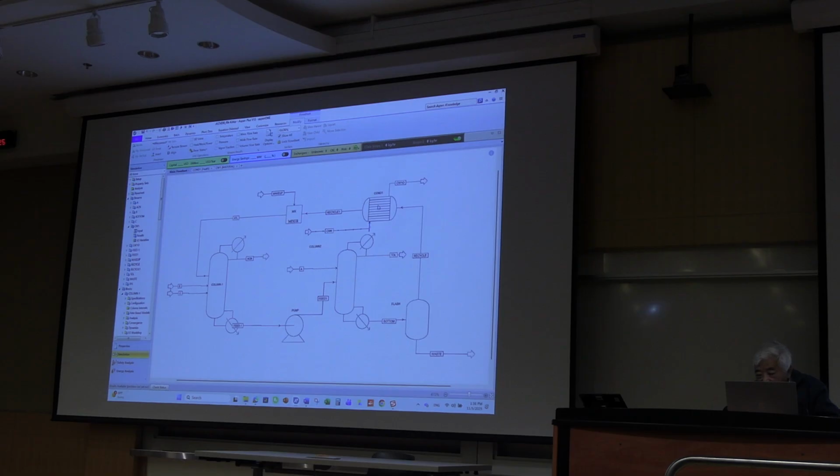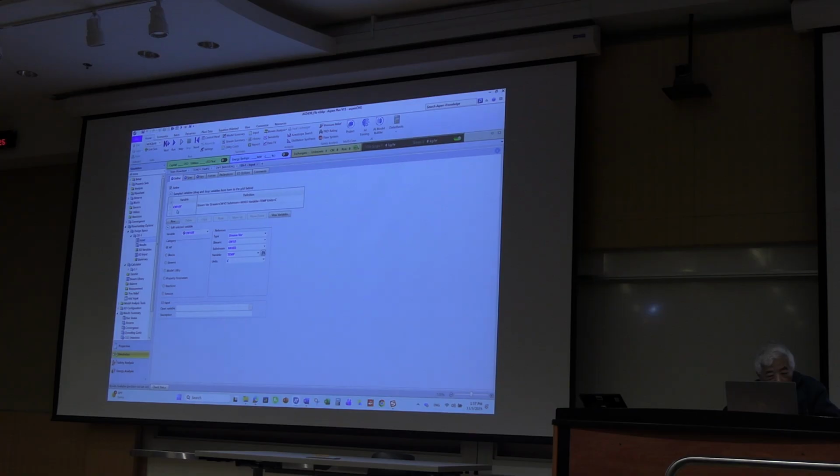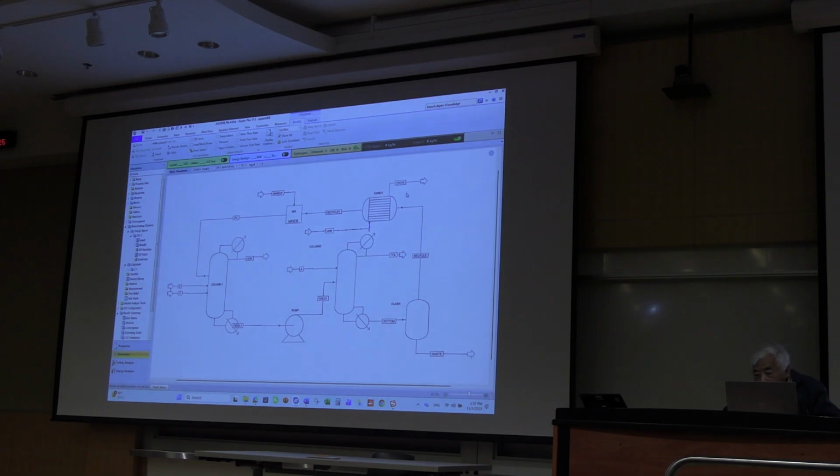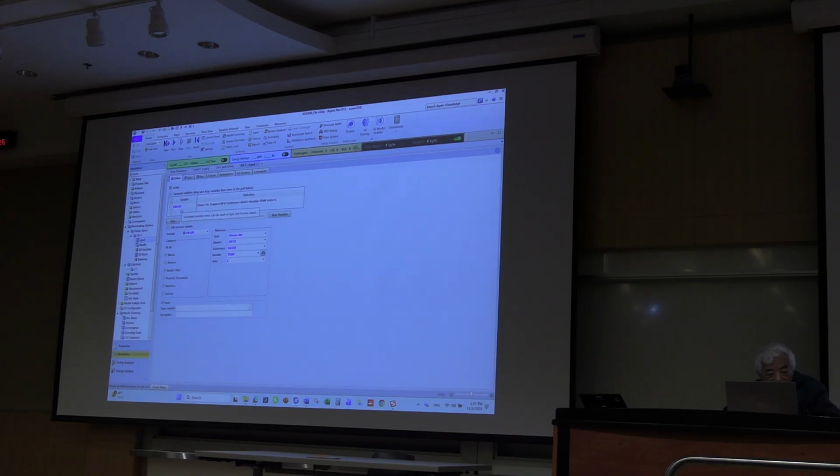That's why to determine the cooling water flow rate, there is a design spec. You can follow this example. Design spec, input, cooling water outlet temperature, CW1OT, O for outlet. You look at the flowsheet. CW1O coming out. I define its temperature as CW1OT.